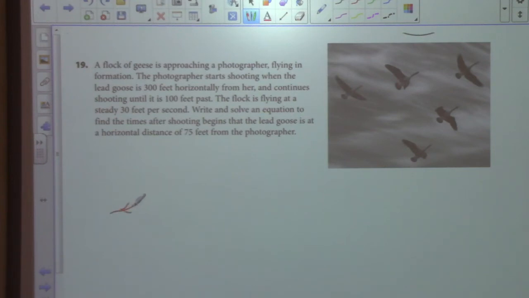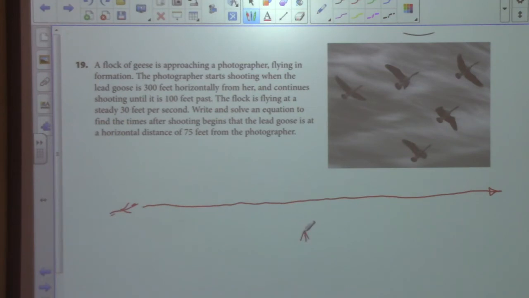Those white birds flying in a direction. They're flying like this. That's supposed to be a bird.